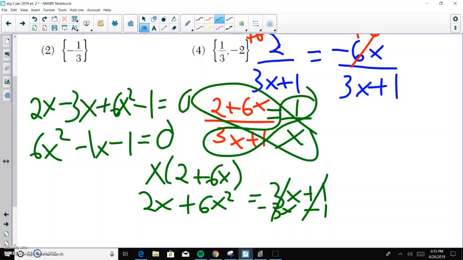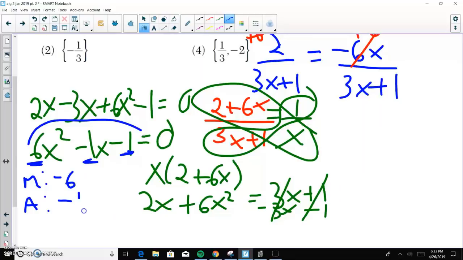So now we're going to factor. So this is how I factor. I'll do 6 times negative 1. So I'll say, what multiplies to negative 6 and adds to negative 1?